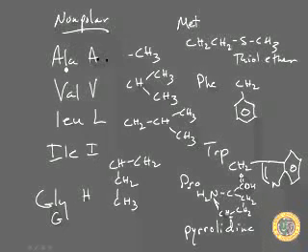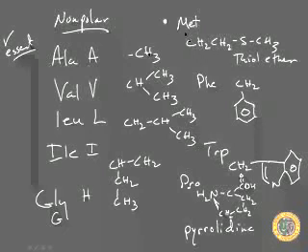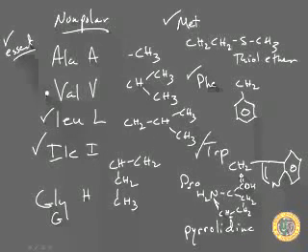So of these 9 non-polar amino acids, the essential ones are methionine and phenylalanine and isoleucine, leucine, tryptophan, and valine. There are approximately 6 uncharged amino acids.